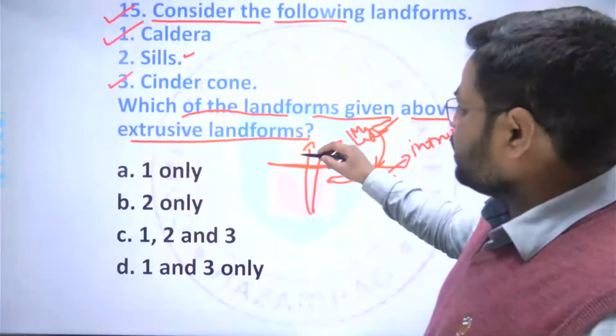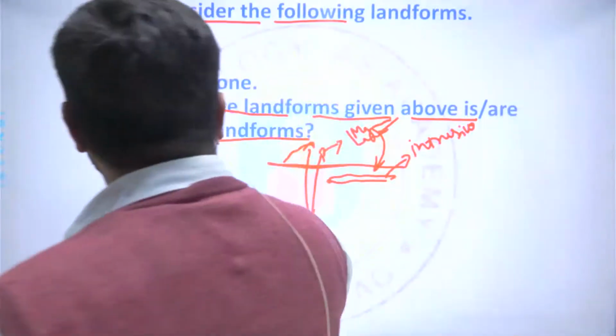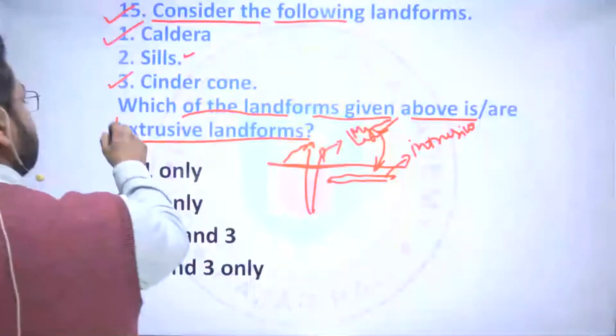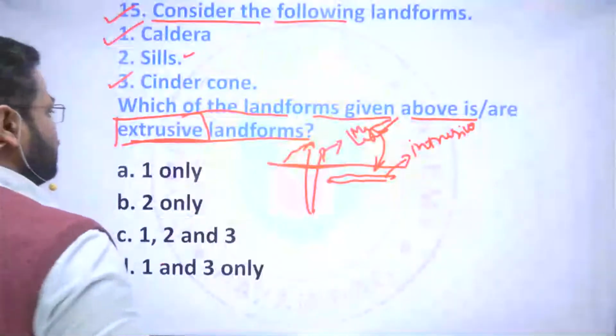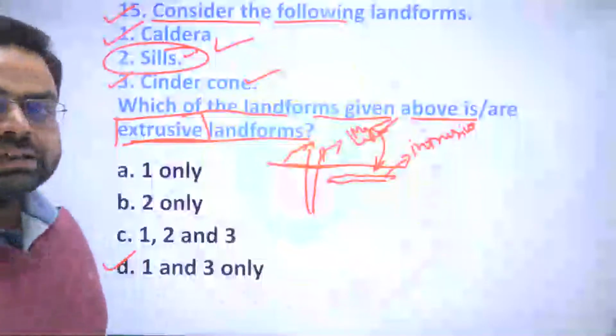And when it forms any kind of landform on the surface of the earth, then it is called an extrusive landform. So here sills are intrusive landforms, while caldera and cinder cone are extrusive landforms. So here the answer will be only 1 and 3.